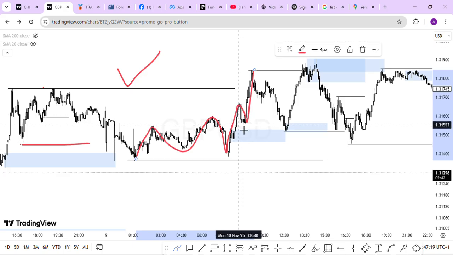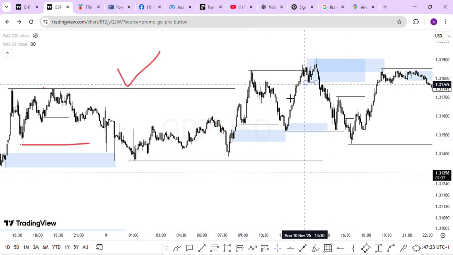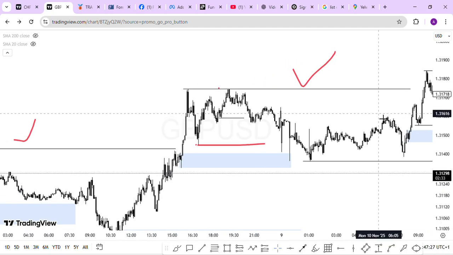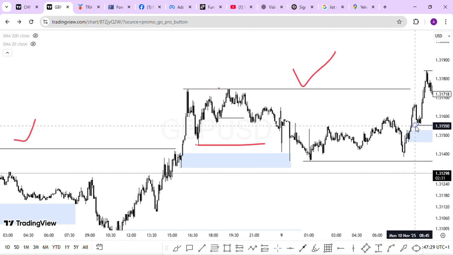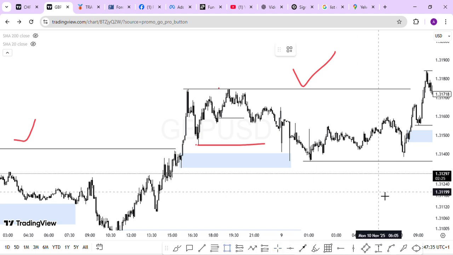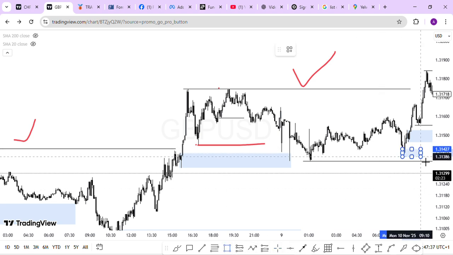Then you can see that this is the last pullback that the market did. So it means that by the time the market was still here like this, this is where you identify your inducement, then your order block, and probably you have your extreme order block somewhere here.